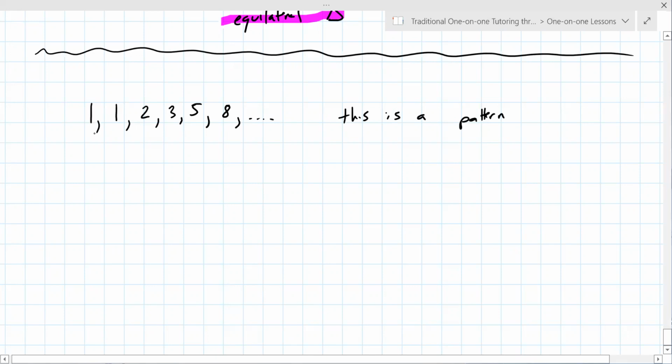Okay, so it stays the same, then moves up by 1, then up by 1, then up by 2, and then by 3. So it's like going up one more than the last every single time. What if I told you now that the next number is 13?